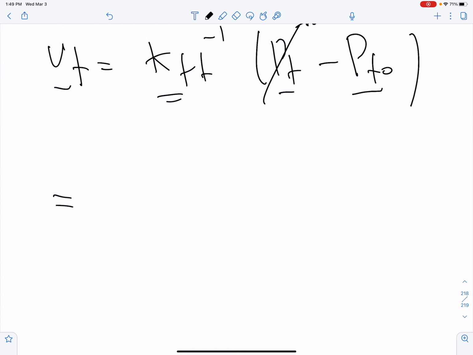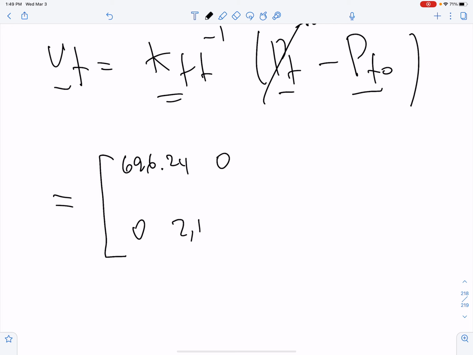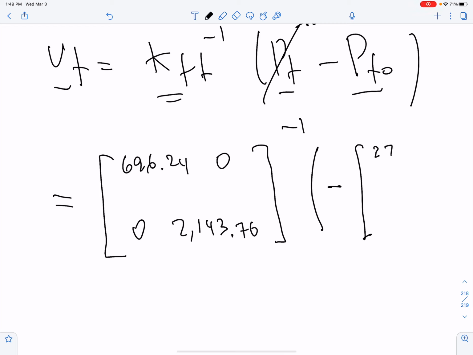So we get 696.2400, 2,143.76, minus 1, times minus 27.144, 36.192.